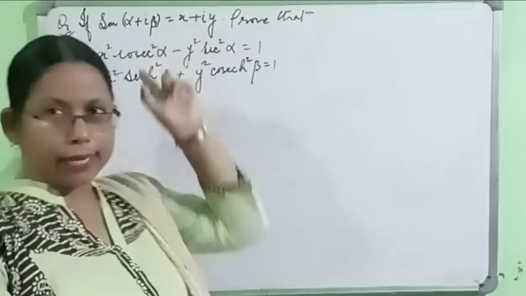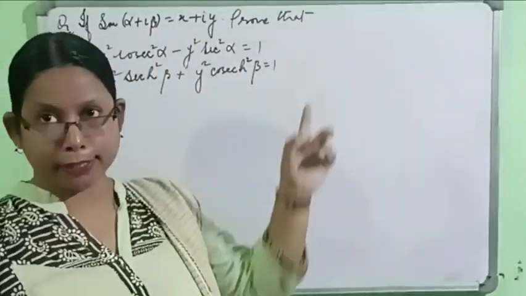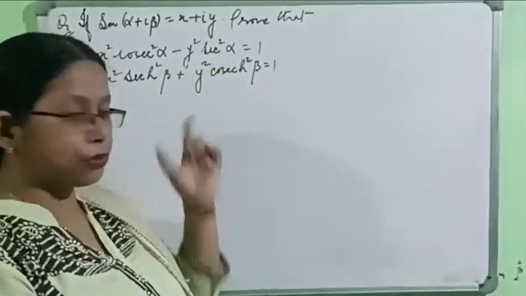We are given sin(alpha plus i beta) is equal to x plus i y. We have to prove these two identities.